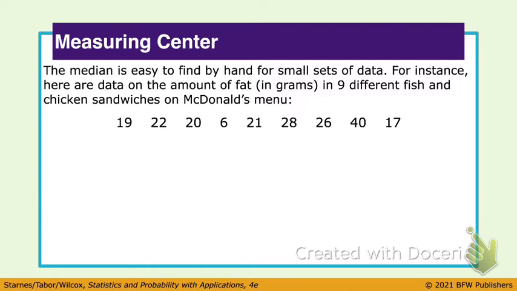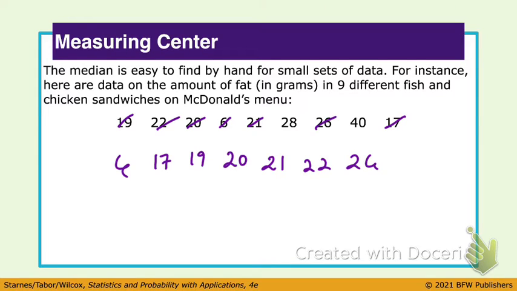So we need to find the median. What do we need to do first? Put the data in order. What's our lowest number? 6, okay? And then what's our next number? Okay, we got a 17, good. And then 19, 20, 21, 22, 26, 28, and 40.